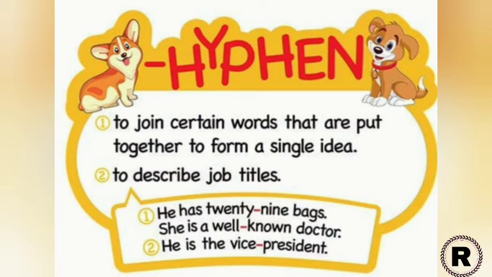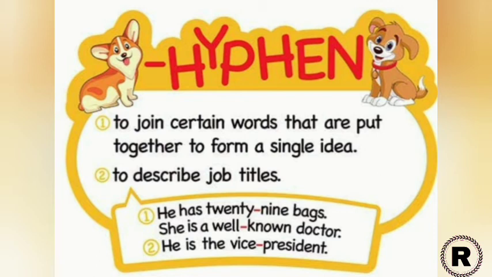This means that when we use two words in a pair, but they form a single idea, between those two words we normally put the hyphen, that small horizontal line, as you can see in the given example: he has twenty-nine bags. So twenty and nine are two words put together to form a single idea, so at this place we always use the hyphen.